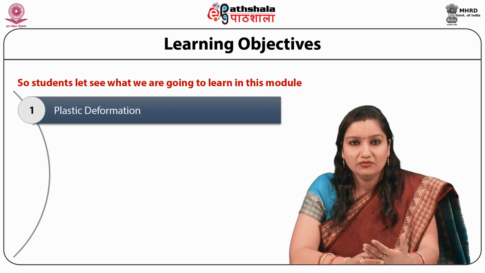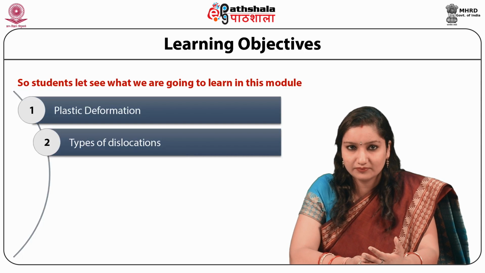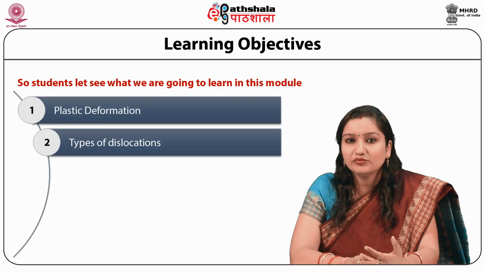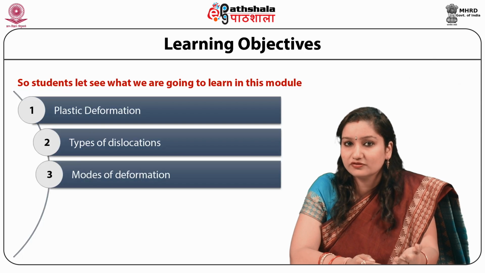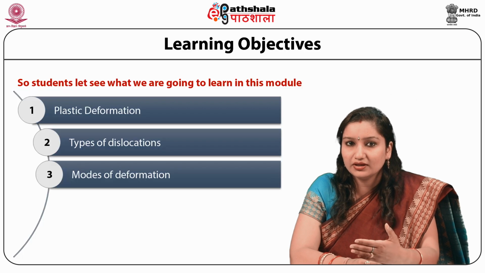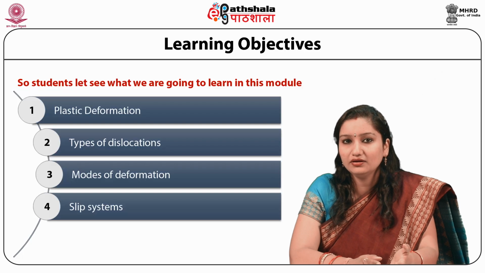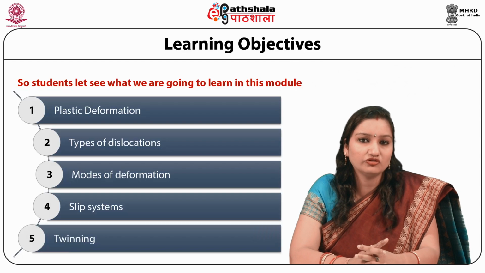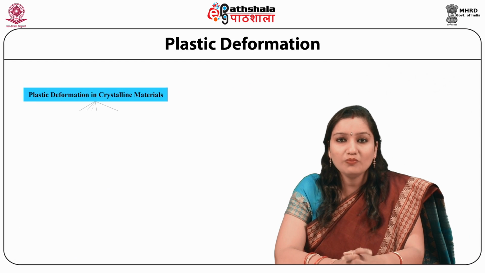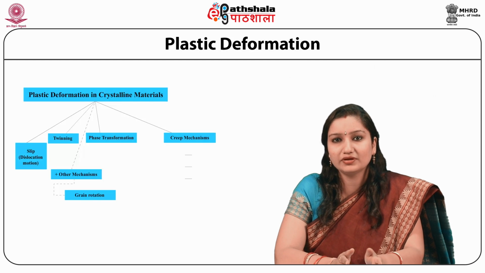Then we will study the types of dislocations. Then we will see the different modes of deformation. Then we will study the slip systems. And in the end, we will learn about twinning. So before we start in detail, let us have a brief intro.